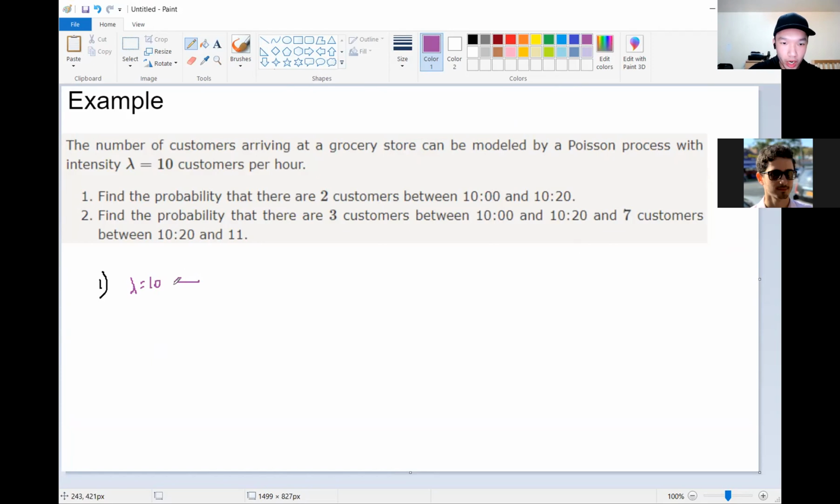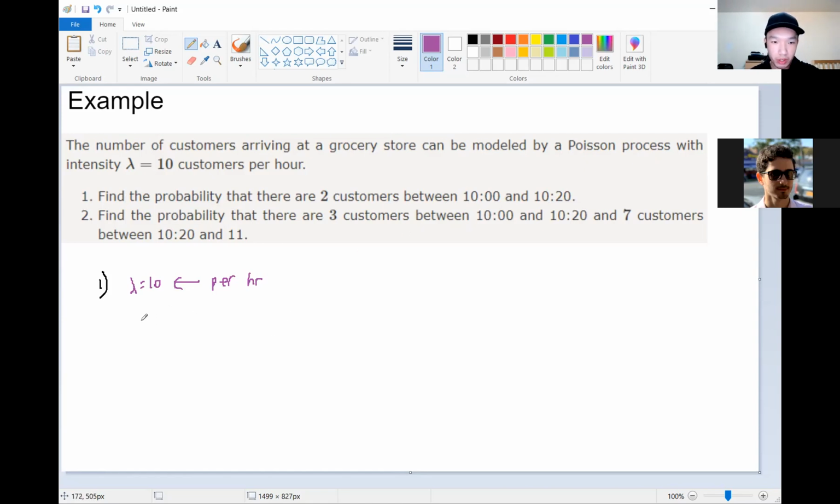This is per hour, right? So this is per hour. However, for question number 1, they do not want us to analyze for a whole hour. They want us to analyze from 10 to 10:20. So that's only 20 minutes. That's not a full hour. So what do we need to do here?